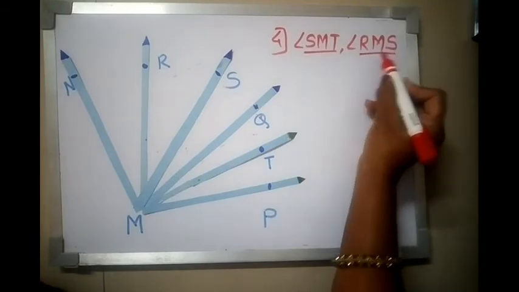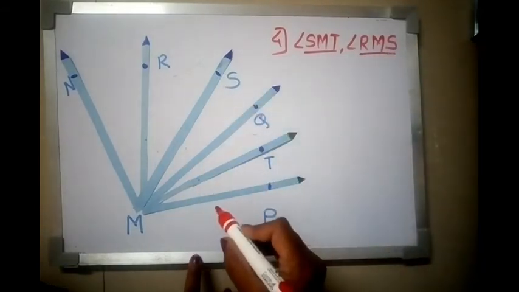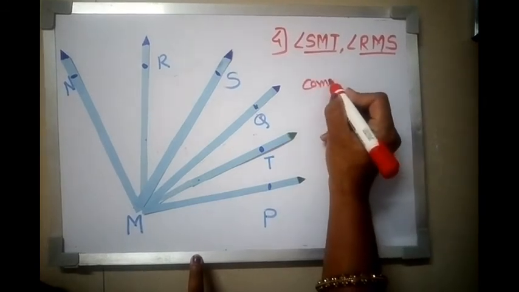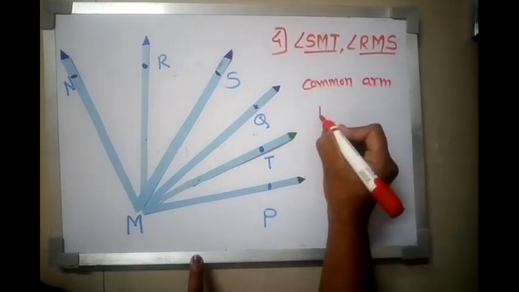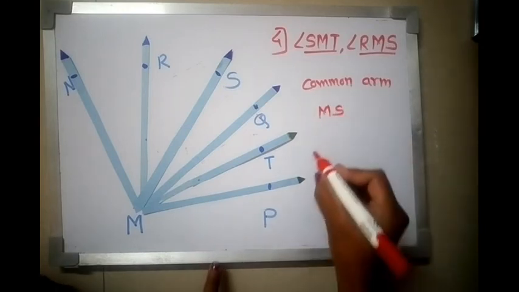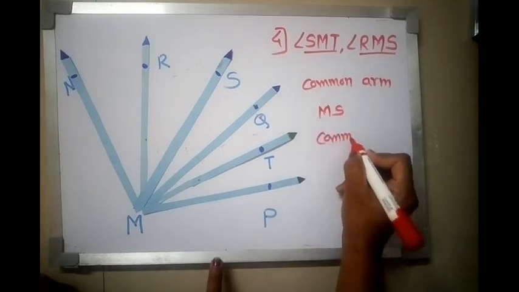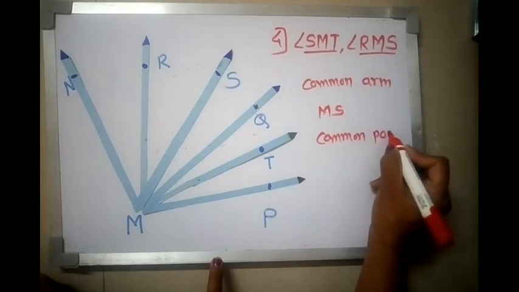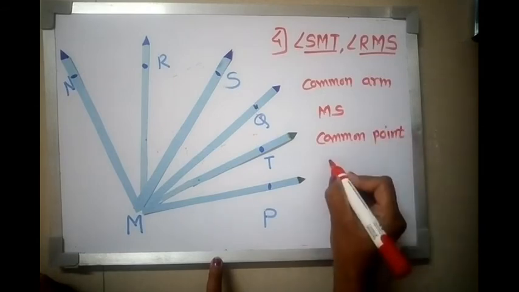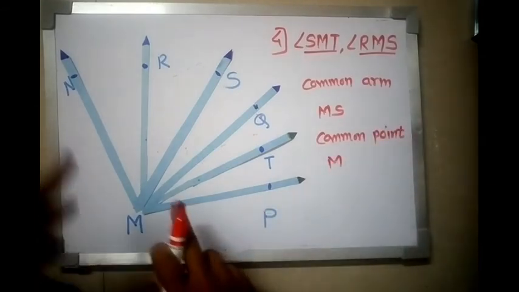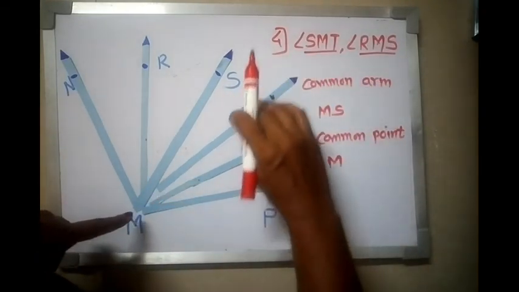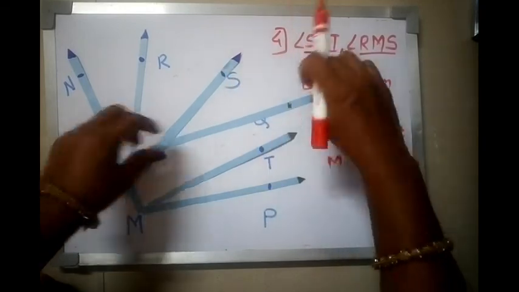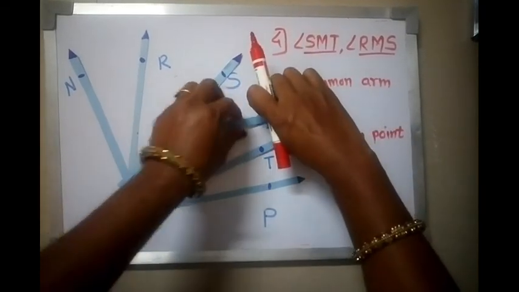Fourth, angle SMT and angle RMS. Common arm MS and common vertex M, and separate interiors are in these two angles, so these two angles are adjacent angles.